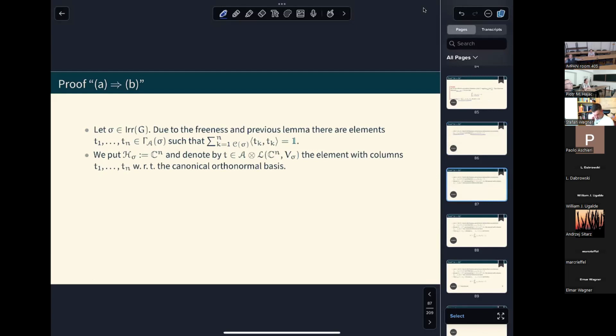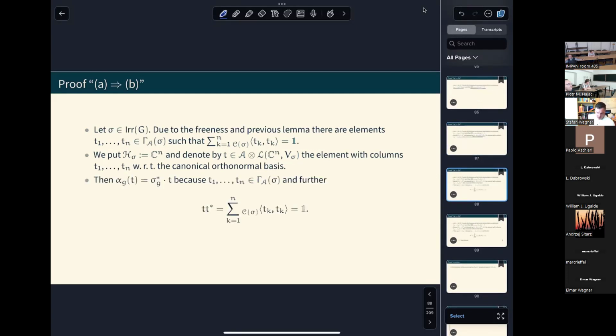Well, and then it's super easy. Now you have n of these elements T, so you put H sigma to be C to the power n, and you denote by T the element from A tensor the operators from C^n to V sigma, the element with columns T1 to Tn. Again, this is just matrix computations.